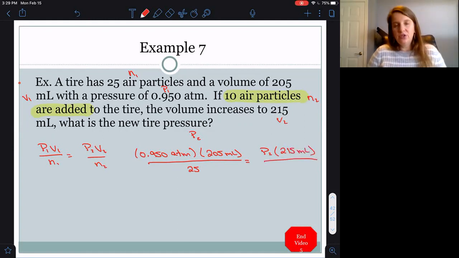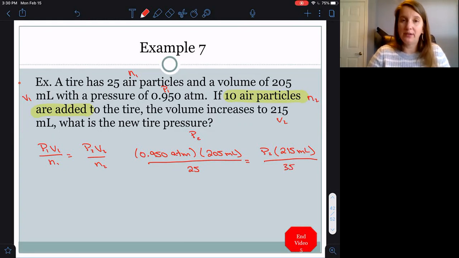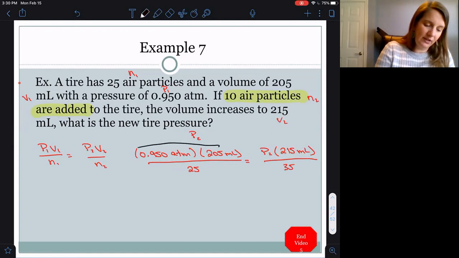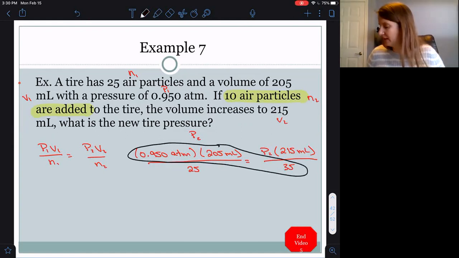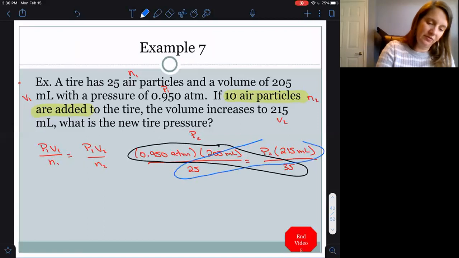Now for N2, do not put 10. It says 10 air particles are added. So what is our N2? Our N2 is 35. Just watch the wording. So when you calculate this, again, the diagonal where you do not have your variable goes into your calculator first. So you multiply this 0.950 times 205 times 35, and then you divide by the diagonal that has your variable.